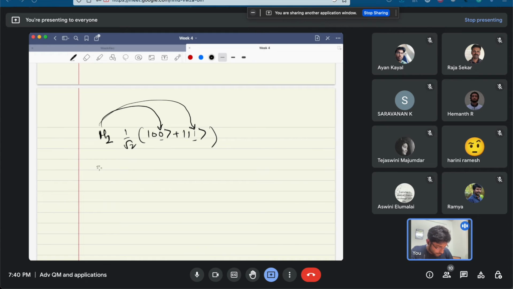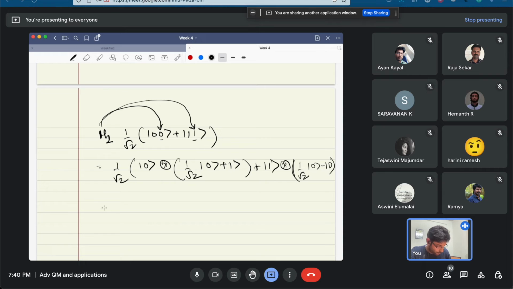Your first qubit remains the same, and it creates superposition for the second qubit, and similarly for the second part, with a minus sign.